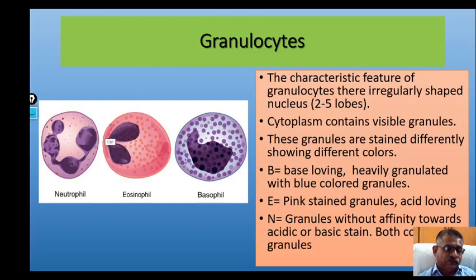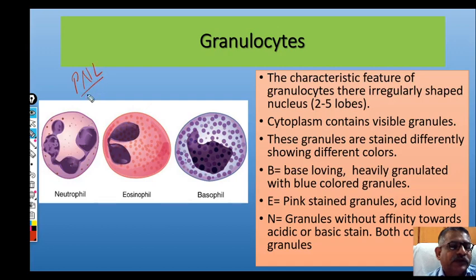Now here you need to know the functions also. This is very important because we are supposed to talk about the functions. Neutrophils, eosinophils and basophils have different functions. Neutrophils are abundantly present in circulation. They have phagocytic activity, and therefore neutrophils are often called polymorphonuclear leukocytes.